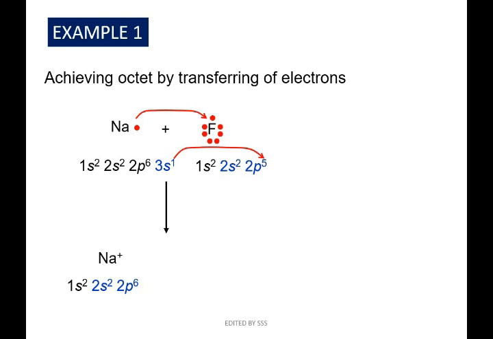Na+ has an octet. The fluorine atom turns into a negatively charged ion, F-. Its electronic configuration is 1s2, 2s2, 2p6. After gaining 1 electron, the fluoride ion becomes an octet. Both the sodium ion and the fluoride ion have a completed octet.